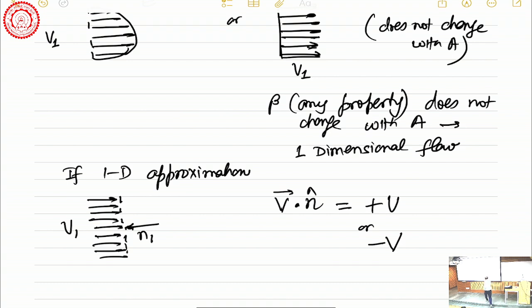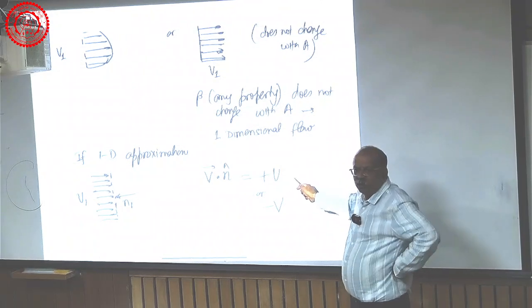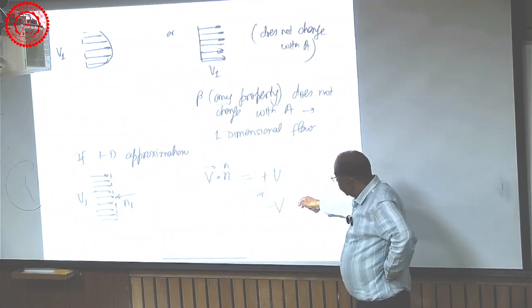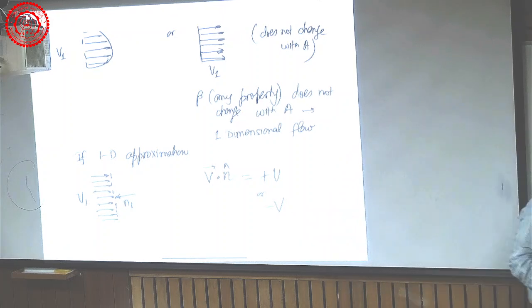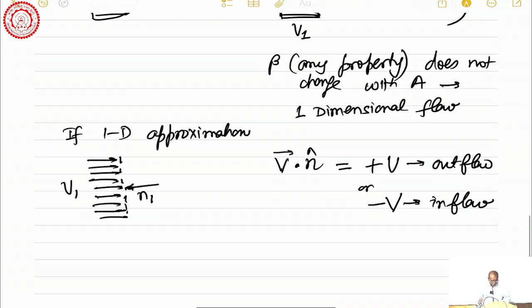When will it be plus v? When will it be minus v? Same direction means inflow or outflow? Outflow. And minus v when there is inflow. So v dot n will be plus v if there is outflow in a 1D case, and minus v if there is inflow.